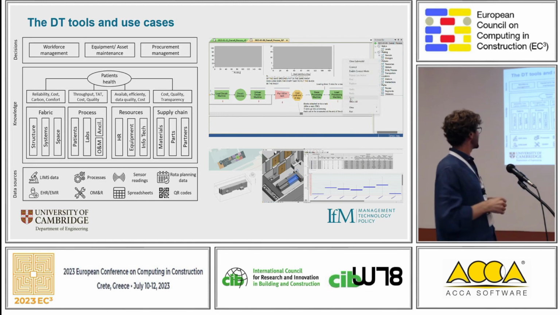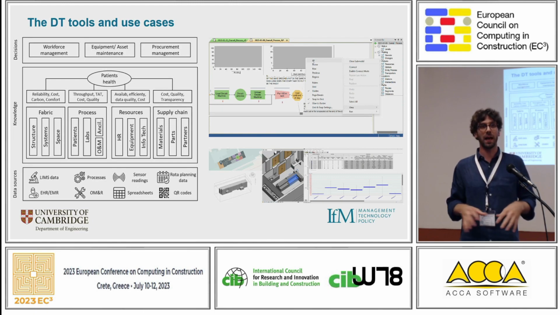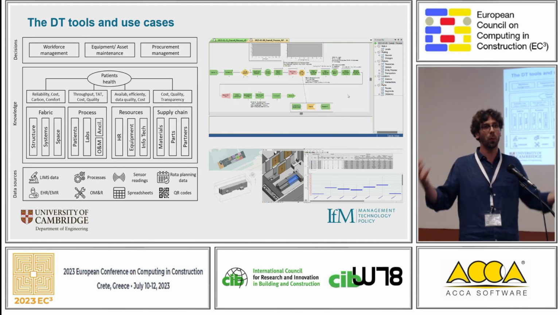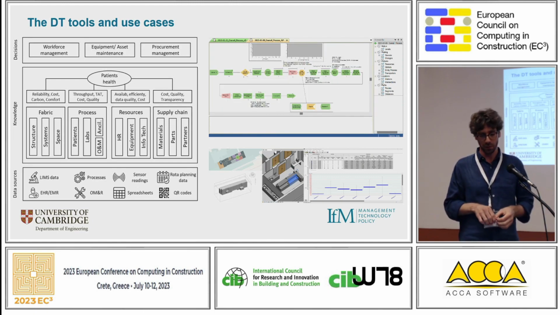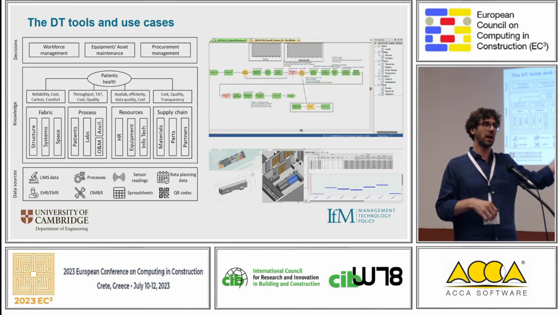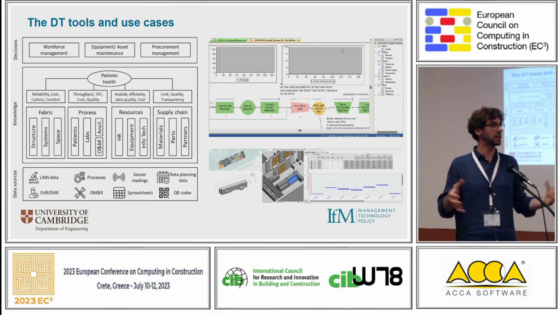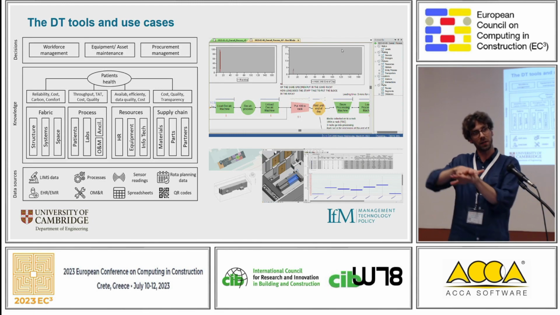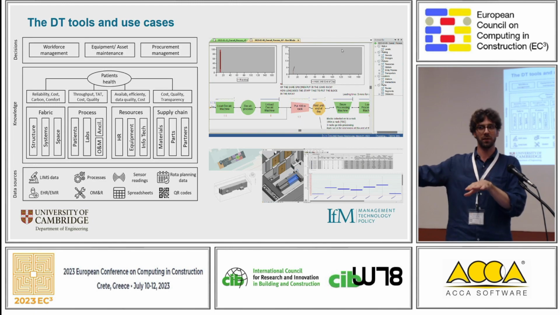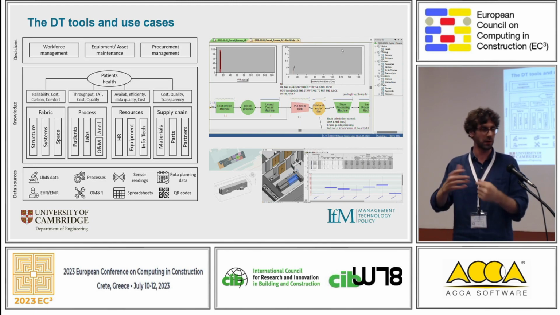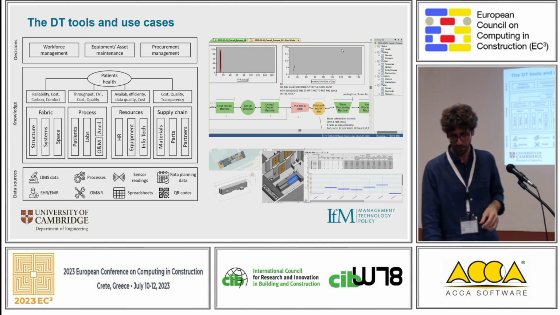The one that you can see at the left is the very initial scope of the digital twin framework in hospitals, where you can see again the four strands of fabric processes, some sort of KPIs that can be calculated and used in an interdisciplinary way for assessing the performance of those processes to impact on the patient health.